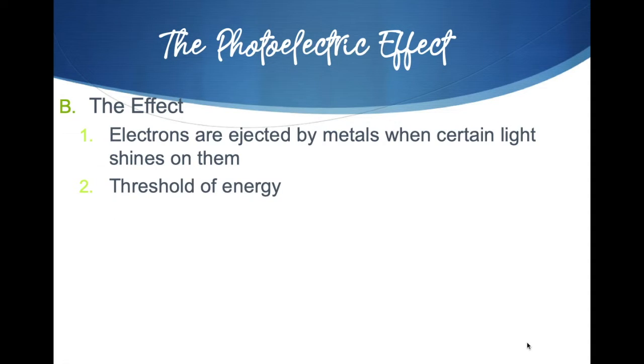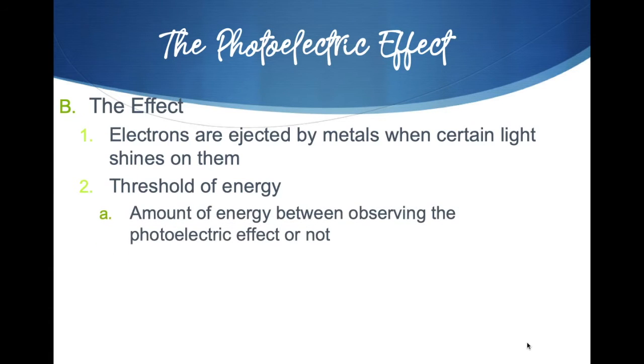But it only works with certain light and certain metals because of something called the threshold of energy. The threshold of energy is the boundary of energy between observing the photoelectric effect or not. You have to be above a threshold of energy to actually observe electrons being ejected by light.